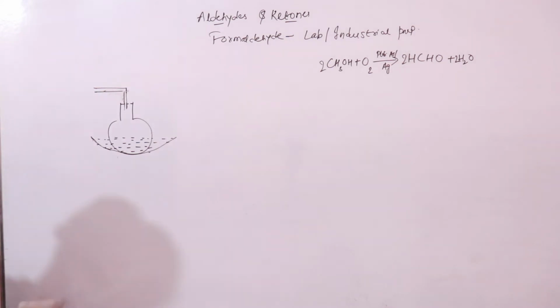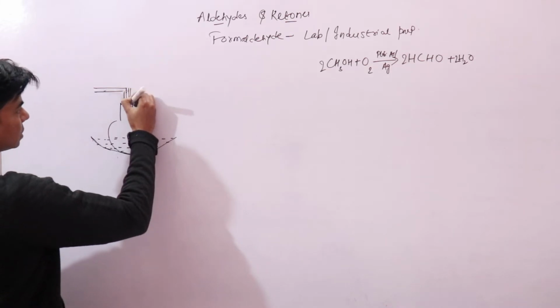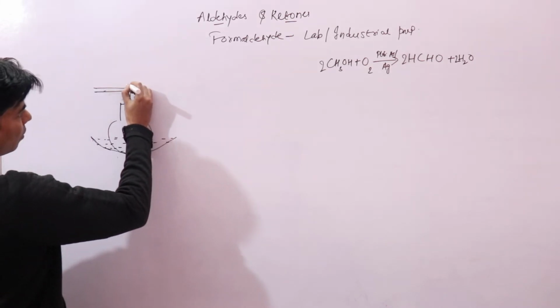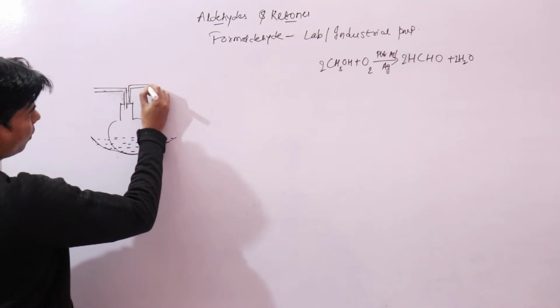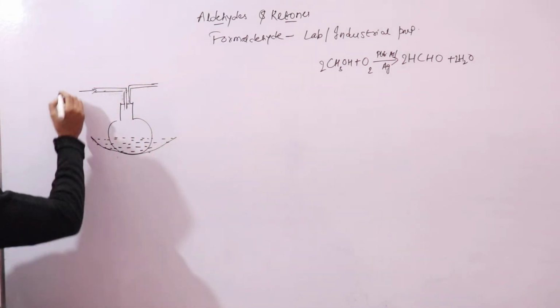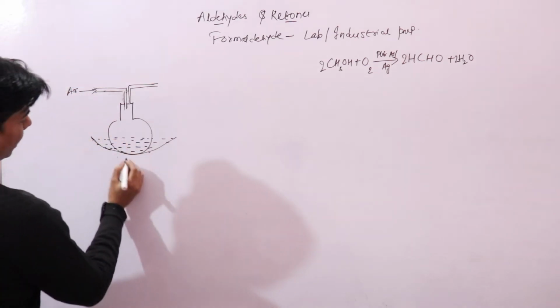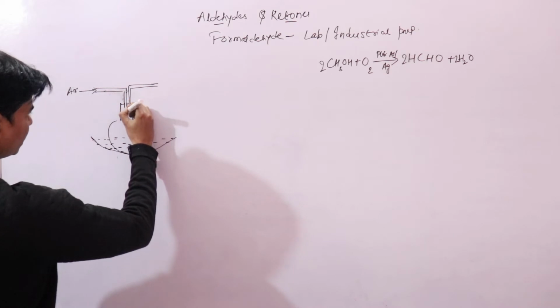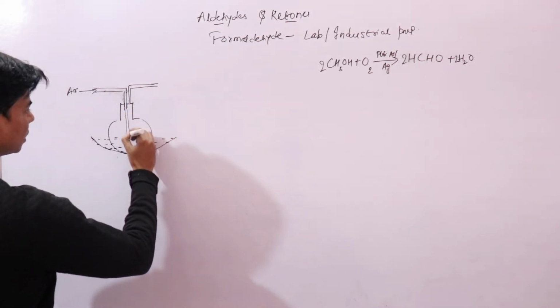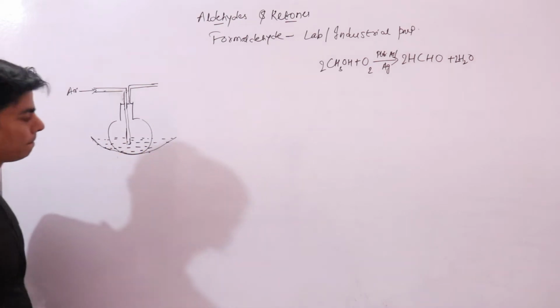Then you have the other tube like this, from where you get air from outside, and this tube is going into this round bottom flask where you have methanol liquid.